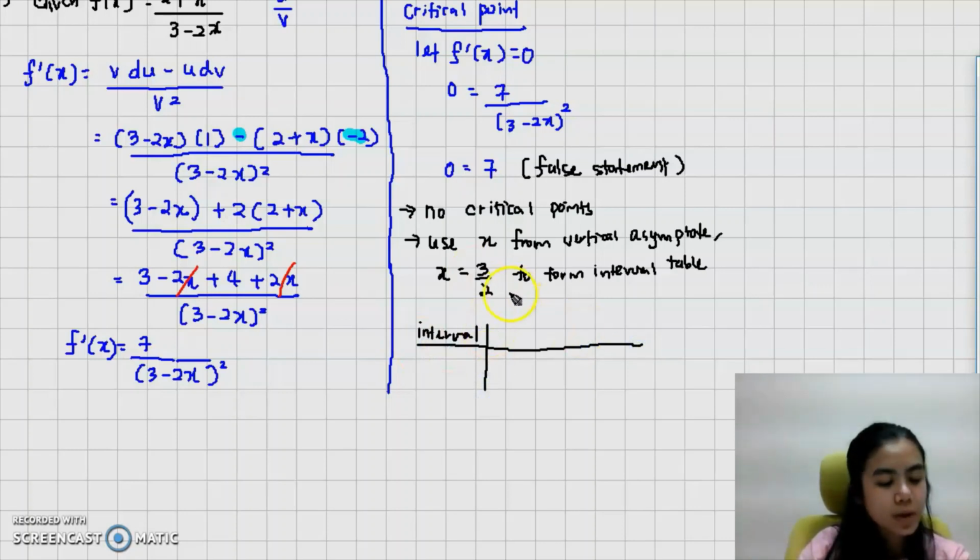So we just have one number, that is 3 over 2. So on here, we have 3 over 2, which means that we only have this number.